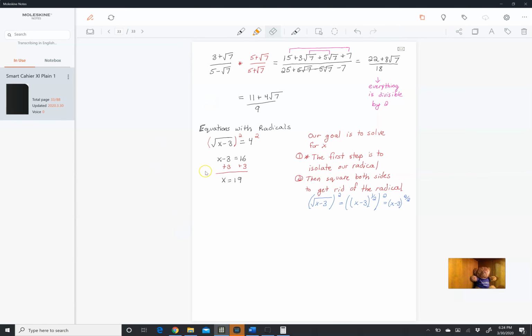Okay, now before we say that's an answer, we don't want to just say it's an answer. What we want to do is we want to check. We want to check to make sure our solution is not extraneous.